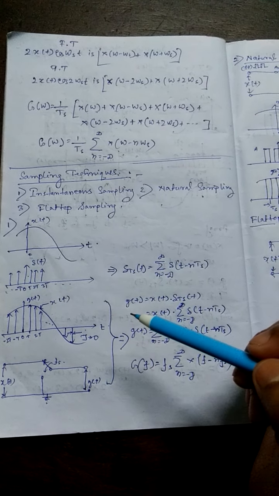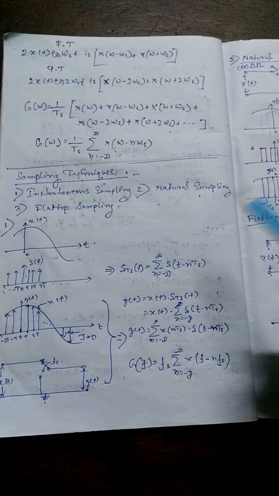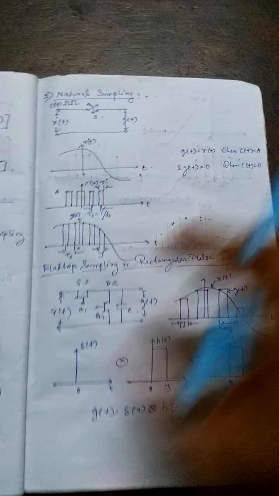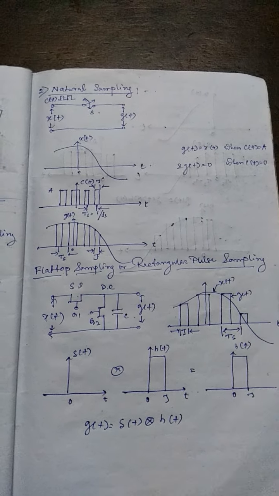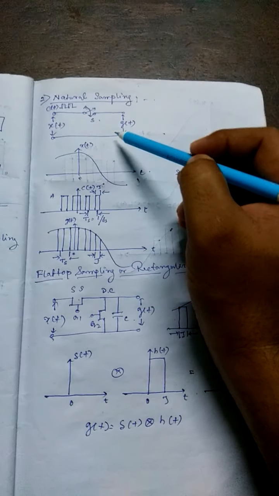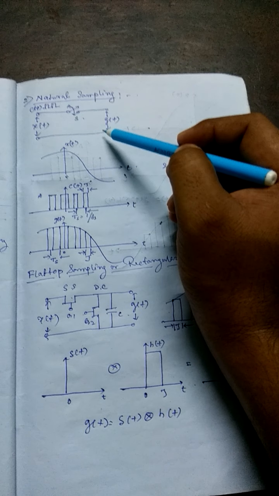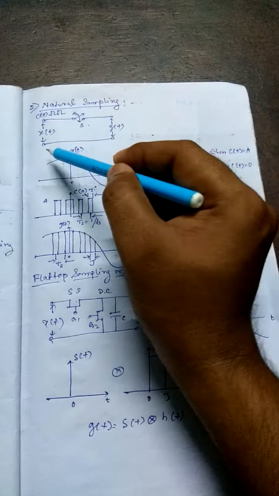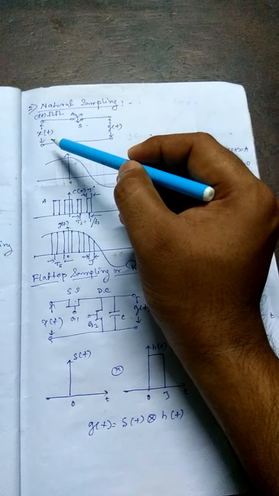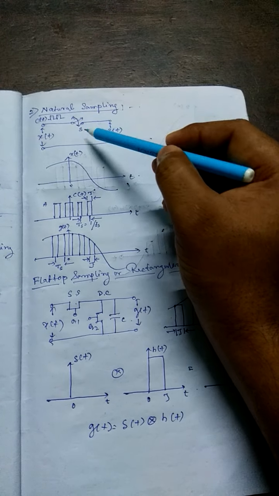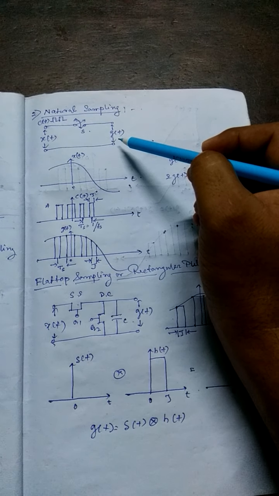Okay, so next we will go for the natural sampling. This is the circuit behind that type of natural sampling. This is x(t), meaning we insert the input here, and a switching operation is there, and that is the output.